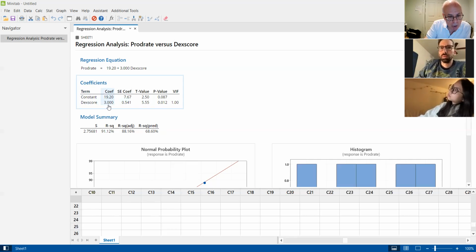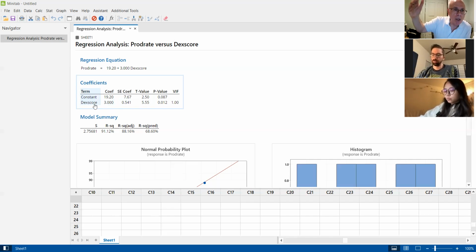Now, this only makes sense if you had multiple predictors. If you had like 20 predictors for the y instead of one, each one of them would have its own beta. And the way to recognize the beta for that predictor is what predictor variable is it multiplied by? And the answer in this case, of course, would be dexterity score.